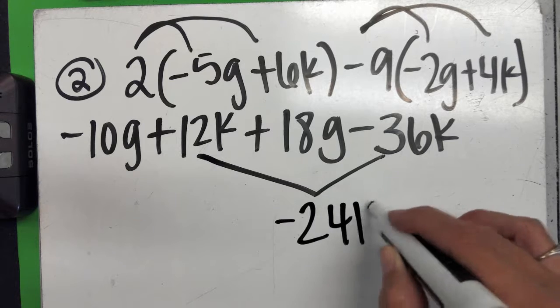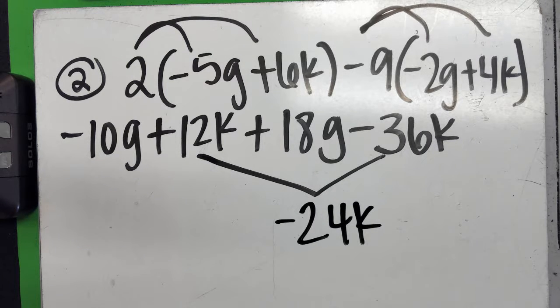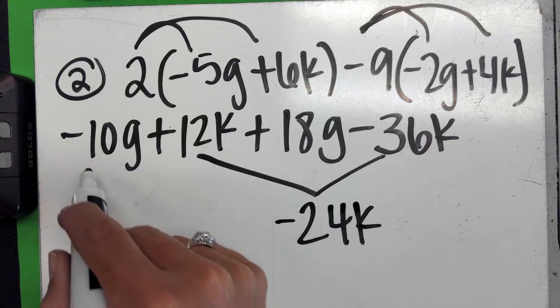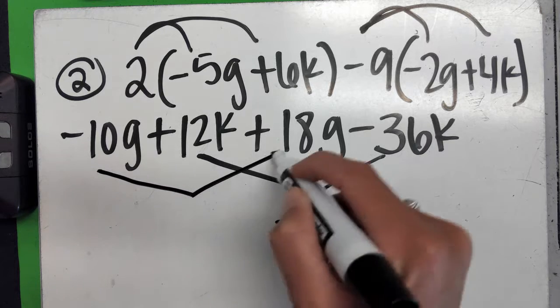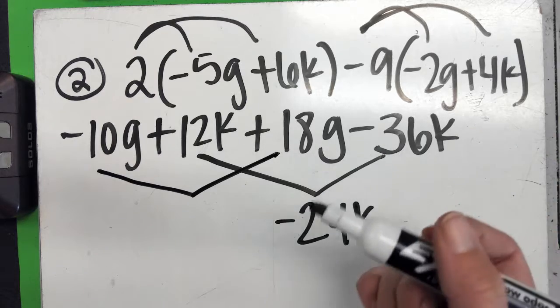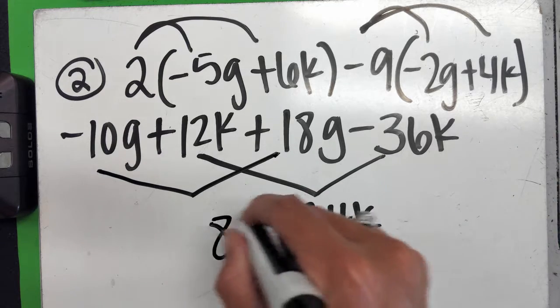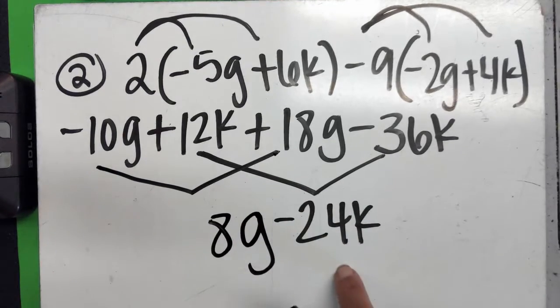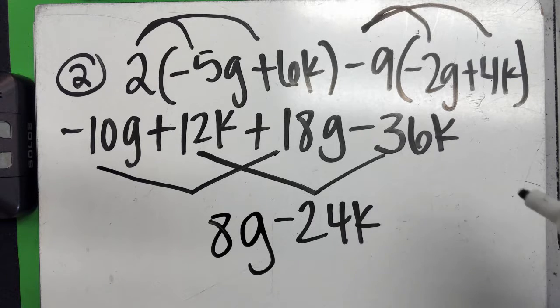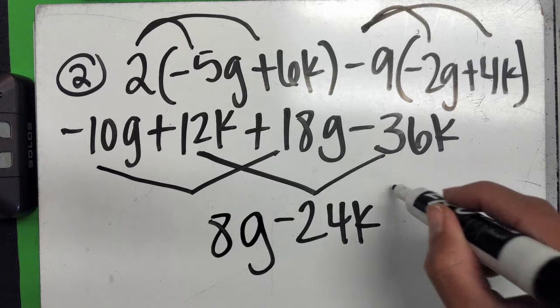Good. And what will I get when I combine the other ones? Anaya. Sorry. Where's Anaya? Oh, okay. What am I going to get when I combine -10G and 18? Yes. Very good. Notice you got to write the G first because that's what comes first in the alphabet. Can I do anything else? No. Nope. That's it.